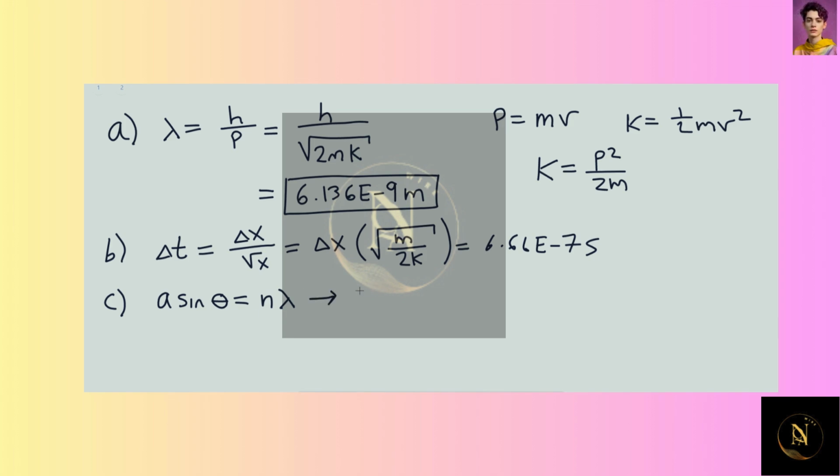Thus, we can find theta, which is simply arc sine of lambda over a. We know lambda, we know a, we can find theta. It comes out to about less than a degree.